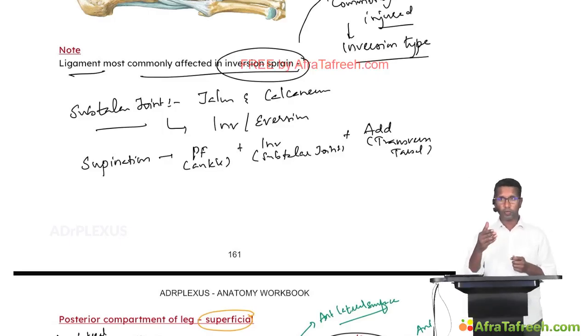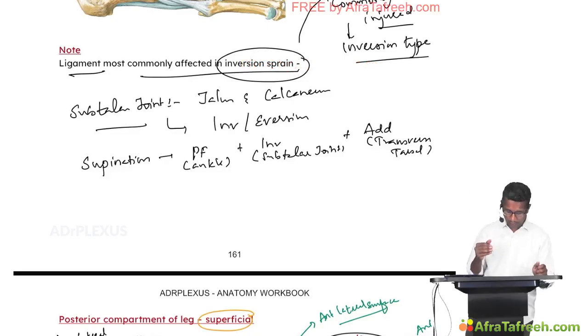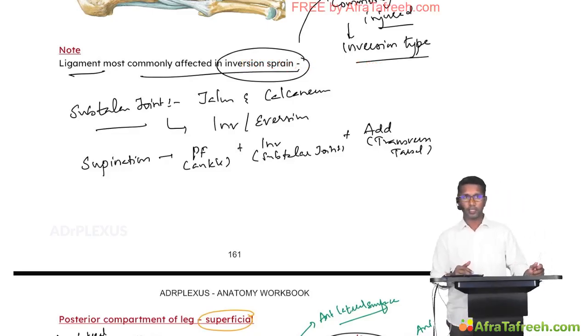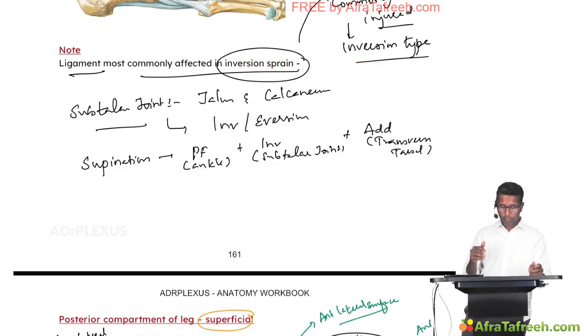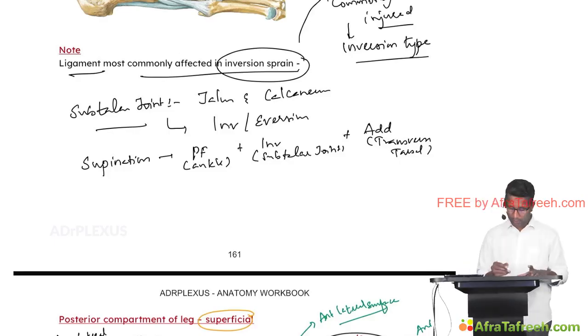So supination of the foot involves 3 movements. If you try to do inversion in your legs, your ankle will automatically go in for plantar flexion, your subtalar joint goes in for inversion, and your transverse tarsal joint will go in for adduction.